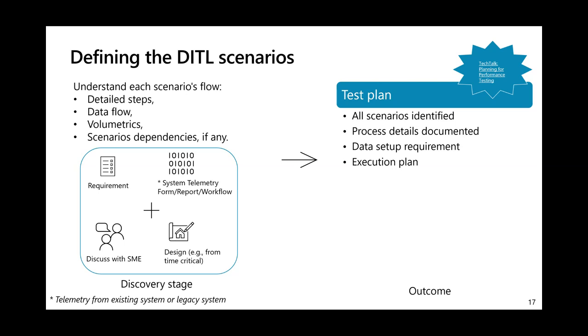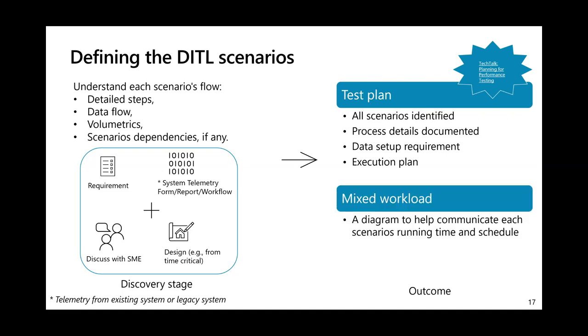When I make the data setup requirement in the test plan, please understand you are not the only owner in the test plan. Some parts of the test plan should be owned by the customer, partner, or vendor. The integration team, data team, or SME key user need to provide related support for the day-in-the-life testing. So collaboration with them is very important.